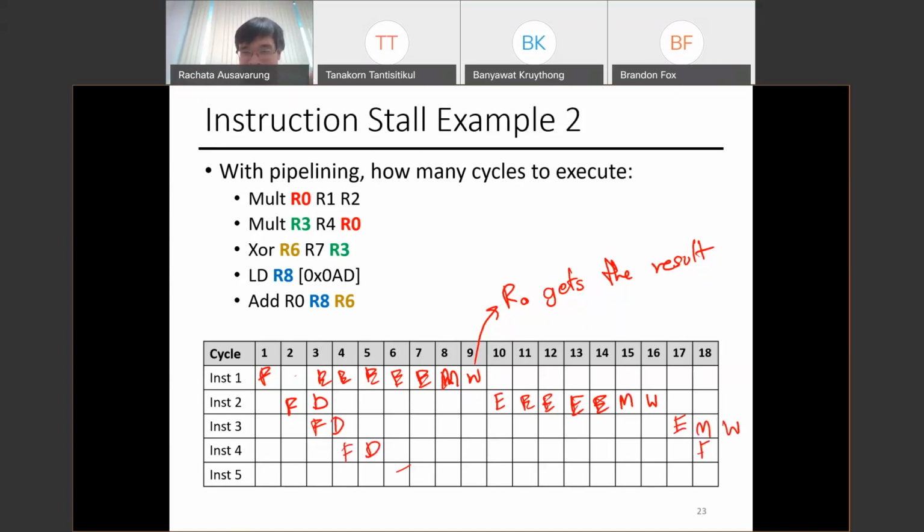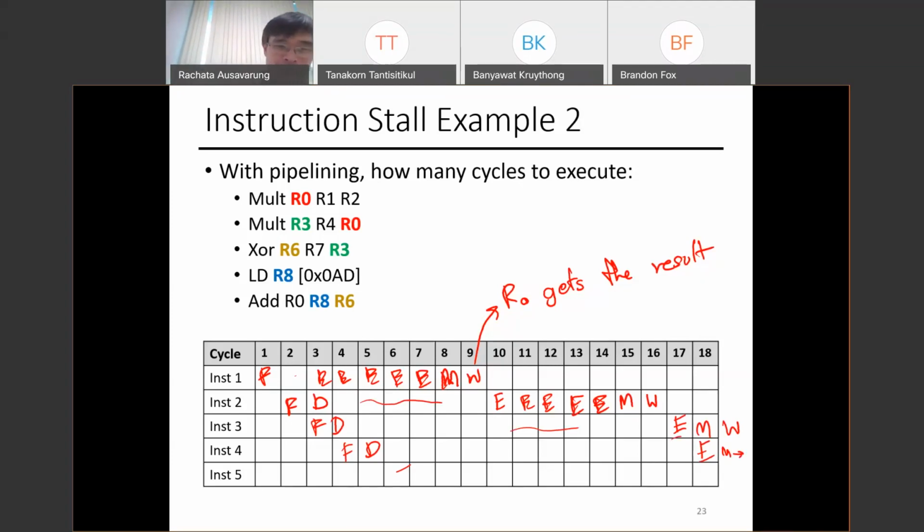So I need to wait until I'm done with the earlier execute, because the pipeline register on the execute is still trying to handle instruction 1, and then instruction 2, instruction 3 and 4. So instruction 4 has the pipeline register for execute at cycle 18. Memory and so long for now, right?